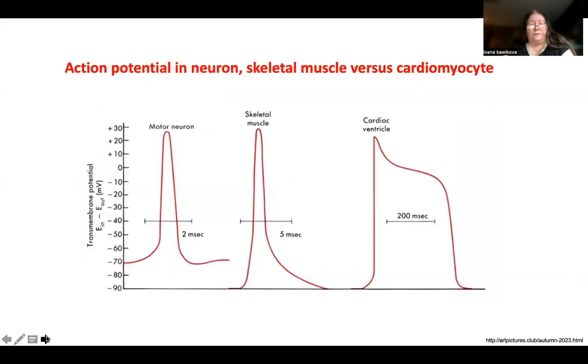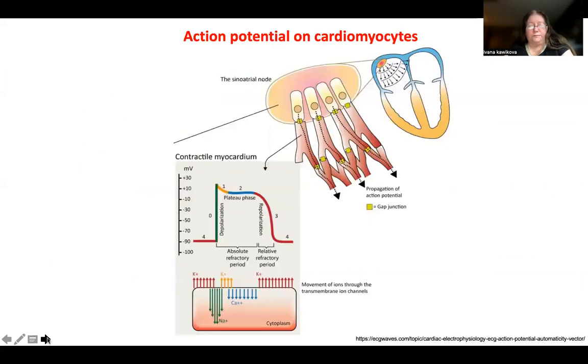So the action potential in the heart differs from the action potential in a neuron or skeletal muscle. You see that mainly it is a question of duration, and this shape, the plateau, which is very important for the muscle contraction.